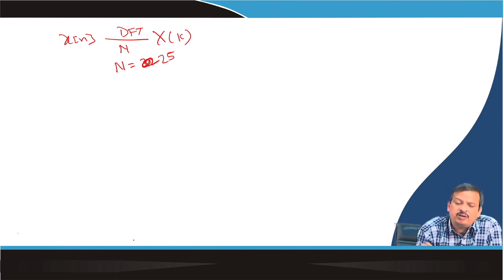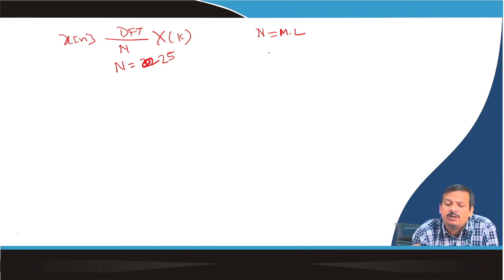So if N is equal to 25, how can I express N as a product of two numbers, M into L? N is a non-prime number, so I have to express it in M into L form. Let's say 5 into 5, then L and M both will be equal.